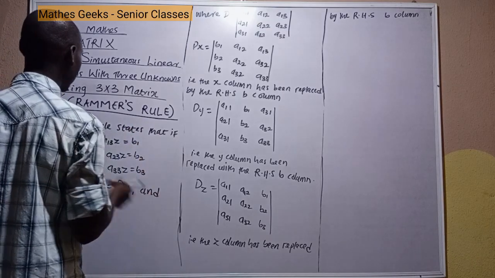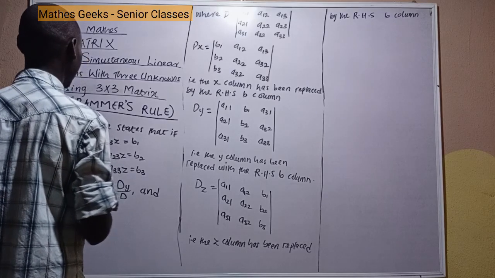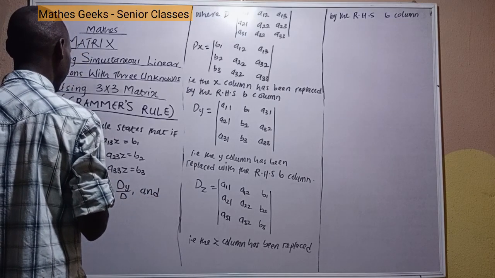We're looking at solving simultaneous linear equations with three unknowns using the inverse method.